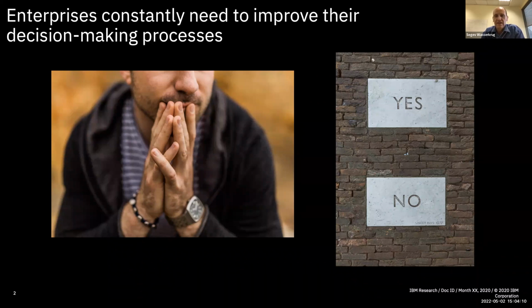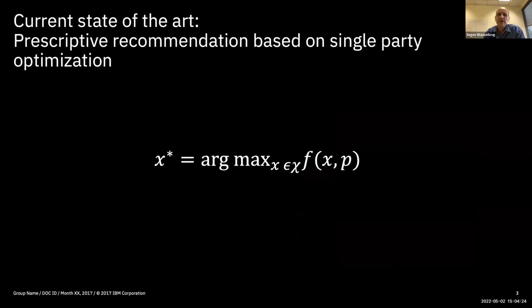There's machine learning, but in many cases the most advanced technique we can currently get people to use is mathematical optimization, or what we call prescriptive recommendations based on single party optimization. The customer has a business problem and wants to know: what's the best decision that I can make given this problem?